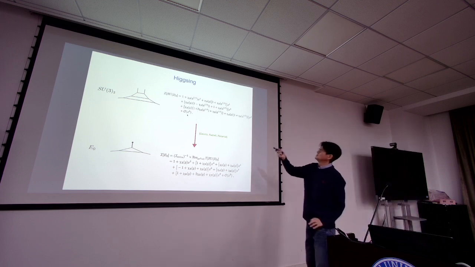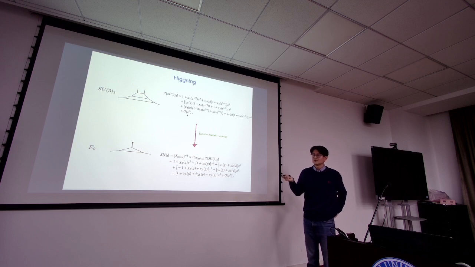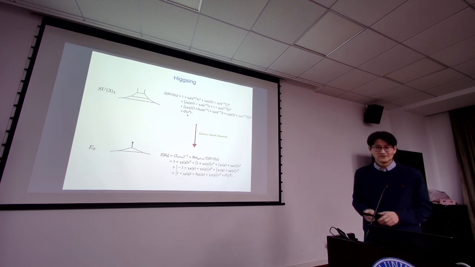Global symmetry of this is SO3. So if you look at this E0 index, then it does not have the x squared term. This also means that this theory has no global symmetry. So this is also consistent. So this E0 theory has no global symmetry, therefore it should not have x squared. And that is consistent.